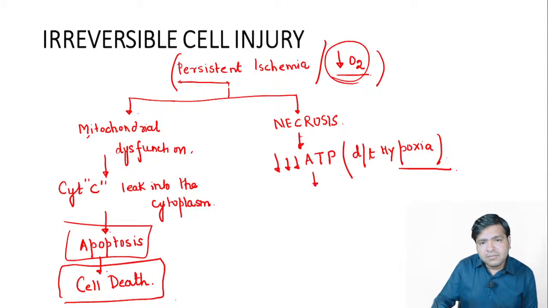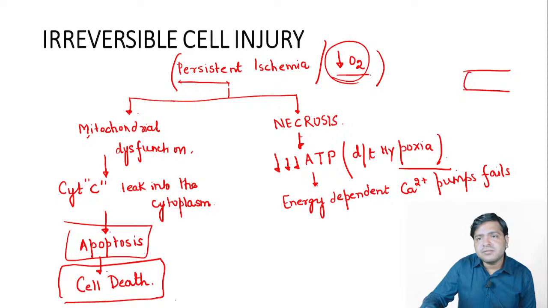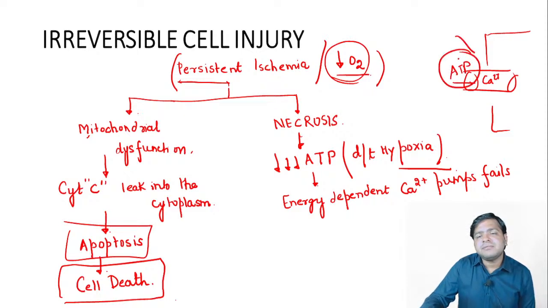What will happen? The energy dependent calcium pumps fail. There is a calcium pump which is dependent on ATP. Now if ATP is not working, the pump will fail. Calcium, which was moving out of the cell through this pump, will now accumulate inside the cell.